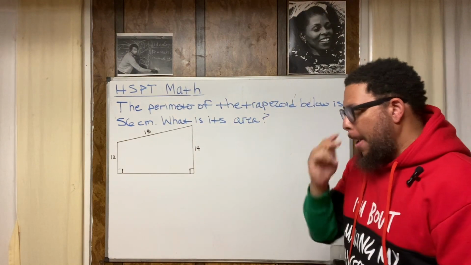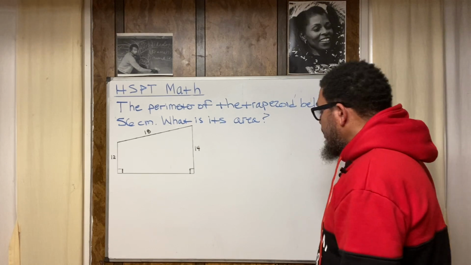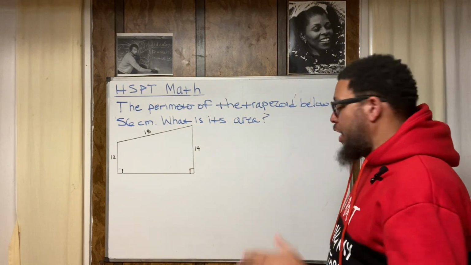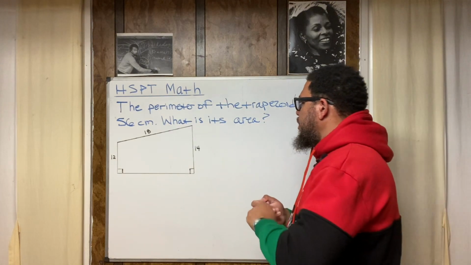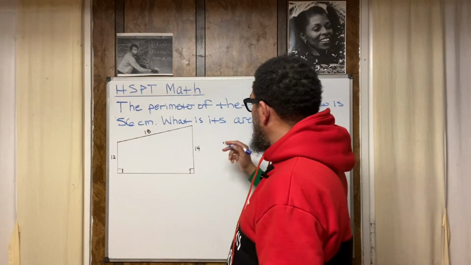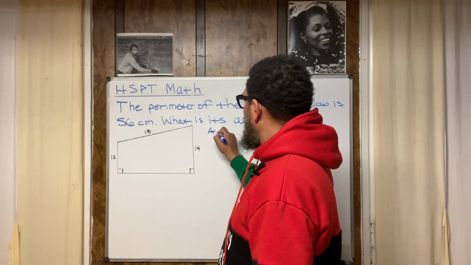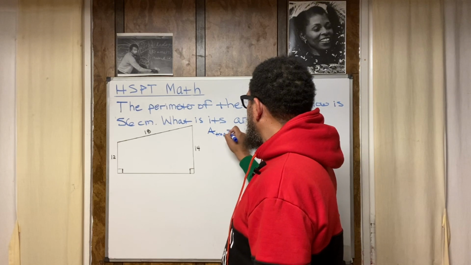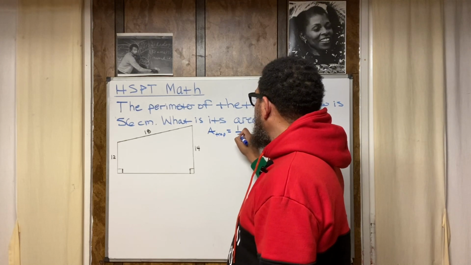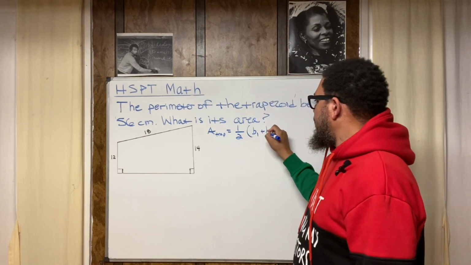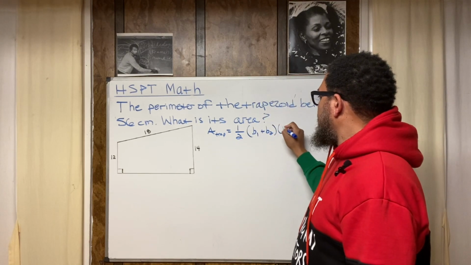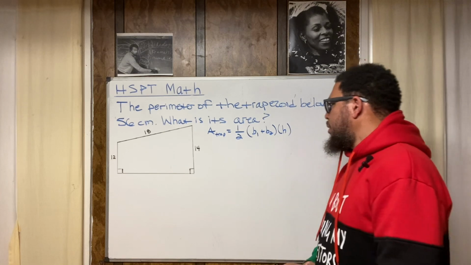So let's write down the formula for the area of a trapezoid. The area of a trapezoid is equal to 1/2 times base 1 plus base 2, times the height.